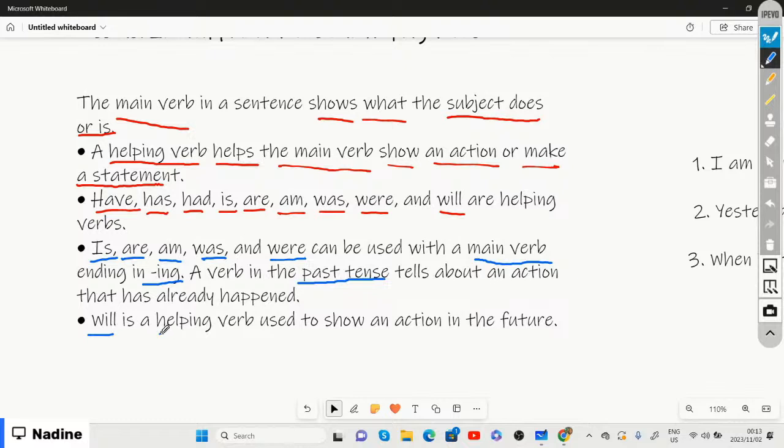So will is the helping verb that is used to show the action in the future. She will go to school. She will go to the shop. She will or he will watch football, which means that it's something that they must do in the future, an action within the future.